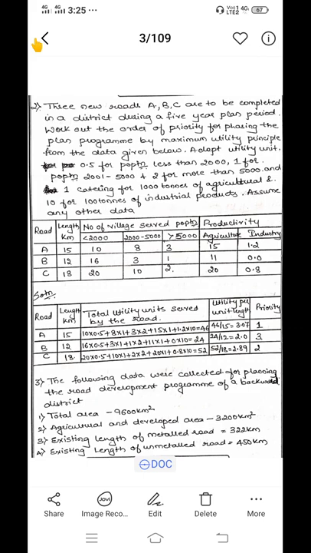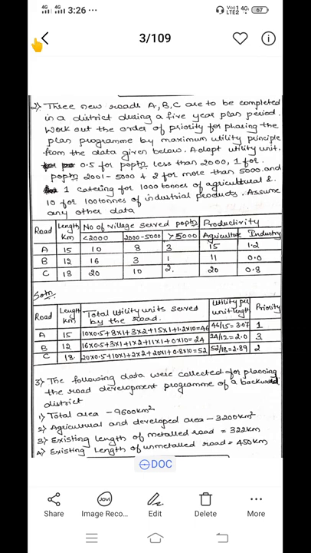So 10 into 0.5 plus 8 into 1, the number of villages with population 2001 to 5000, and utility unit for that is 1, plus 3 into 2. There are 3 villages whose population is above 5000 and utility unit for that is 2.